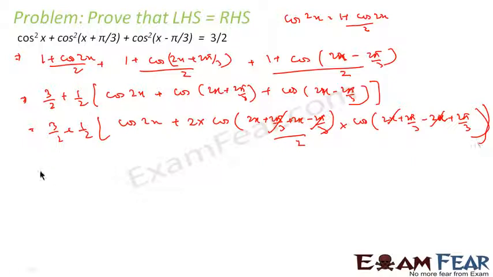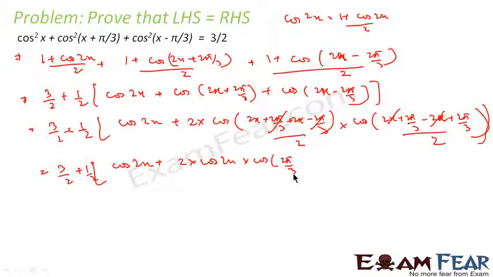So what I get here is 3 by 2 plus 1 by 2 into cos of 2x plus 2 into cos of 2x into cos of 2 pi by 3. We know that cos of 2 pi by 3 is equal to minus 1 by 2.